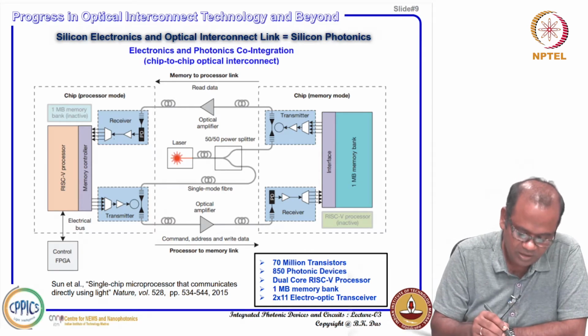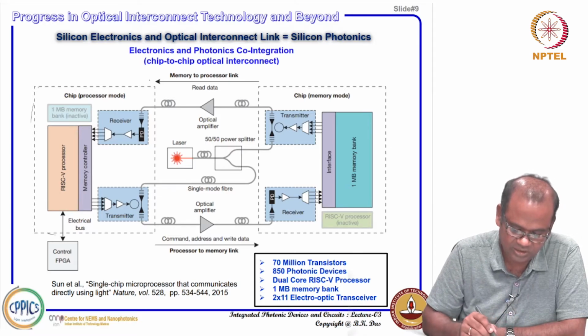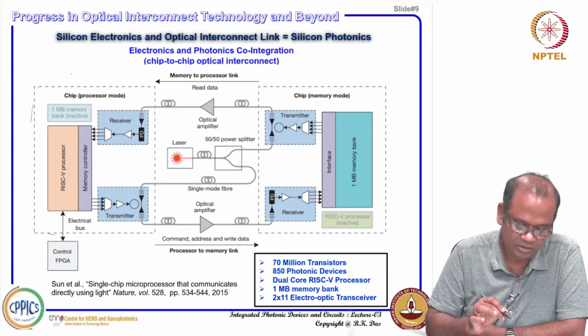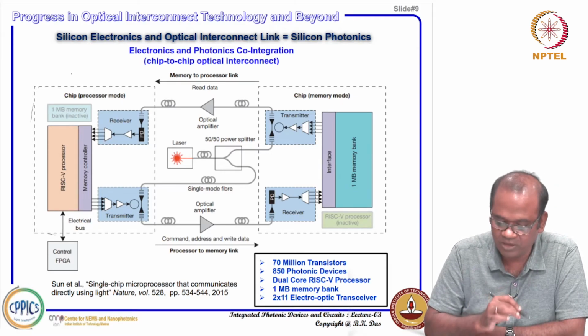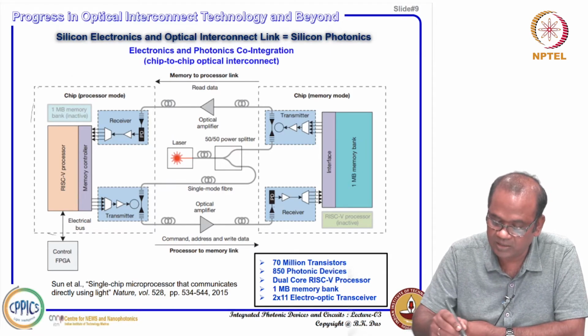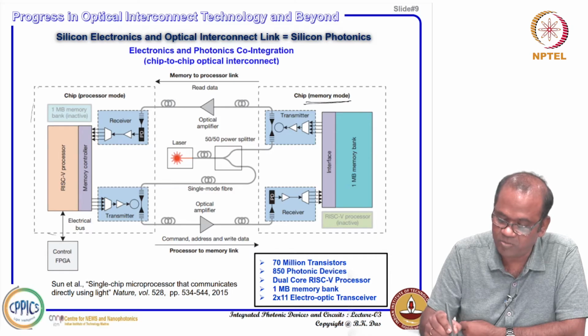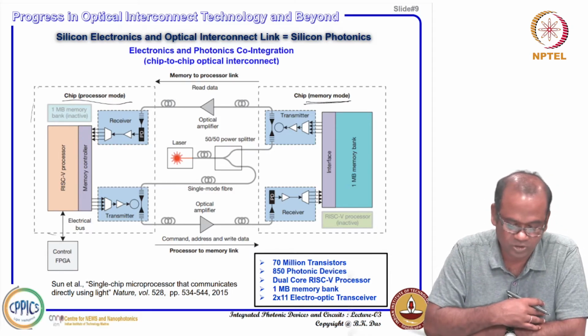So, you see here, if you just consider one chip, this is a silicon chip where some electronics and photonics are integrated. It is called a RISC-V processor, and this is also another chip. You can consider this as a memory node, and this is a processor node where you are doing computation, etc.